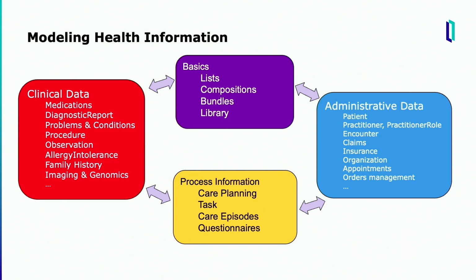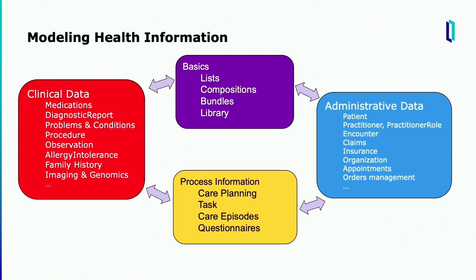But FHIR also has resources that are just basic infrastructure like lists and compositions and documents. FHIR also has process resources that are things like care plans and tasks and care episodes that are not what we would usually call clinical data, but are very much part of the FHIR specification.